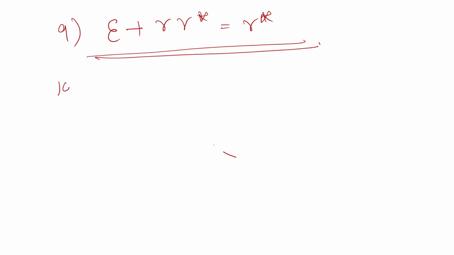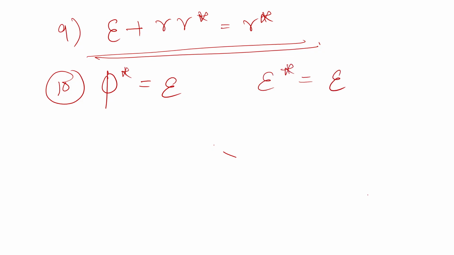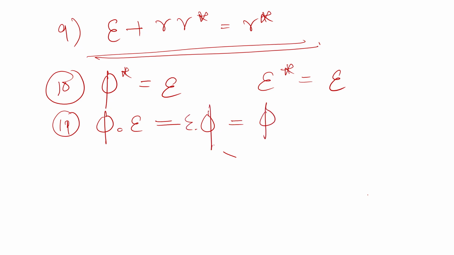Then after that, we have phi. Null set Kleene closure will give us an empty string. This is important. An empty string Kleene closure will give us again an empty string. Then if we say phi into epsilon is equal to epsilon into phi, this will be equal to phi.